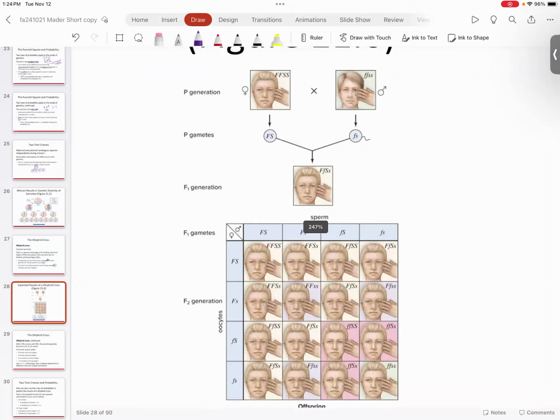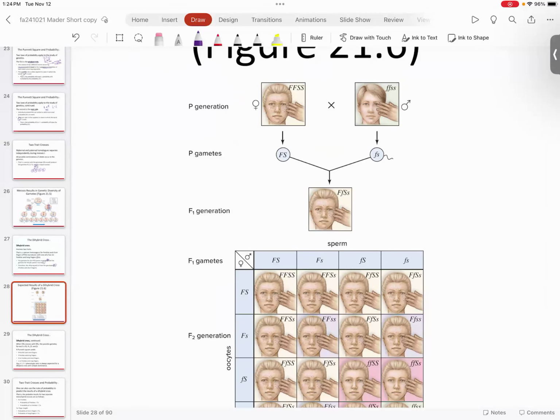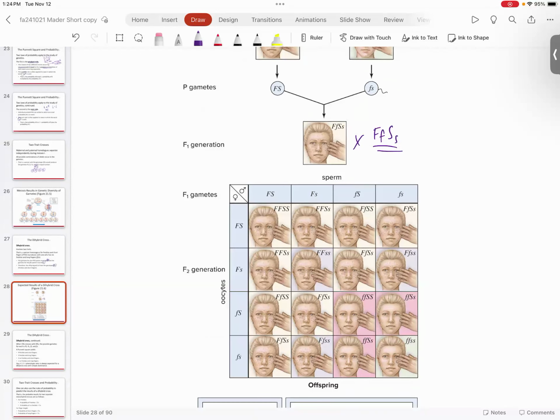Now then, when these two individuals, say for instance, the heterozygous, which basically will be freckled and short-fingered, if this person were to marry and have kids with another heterozygote, then what you would end up having is the four options, right?